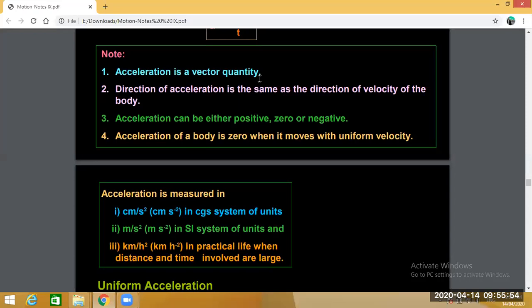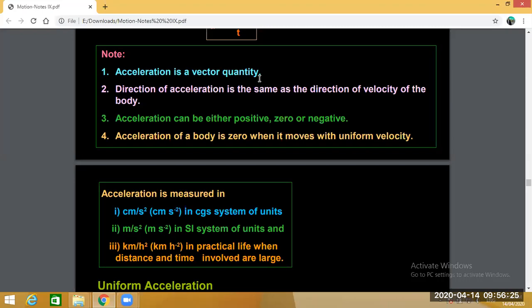Acceleration of a body is zero when it moves with uniform speed. If velocity and acceleration are opposite to one another, that is, acceleration is directed opposite to velocity, then acceleration is said to be negative. In that case, the final velocity is less than the initial velocity, and acceleration is said to be negative.